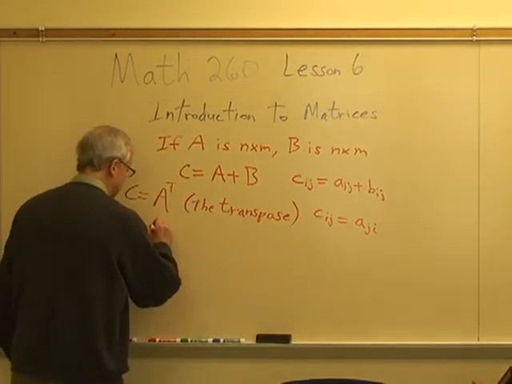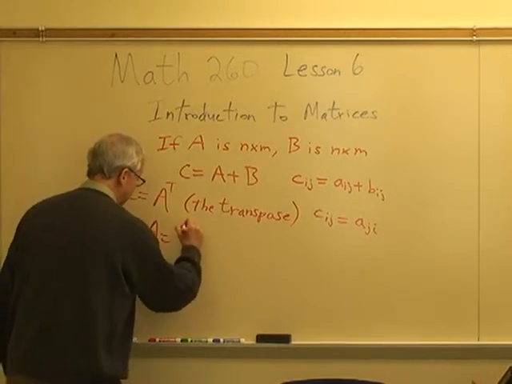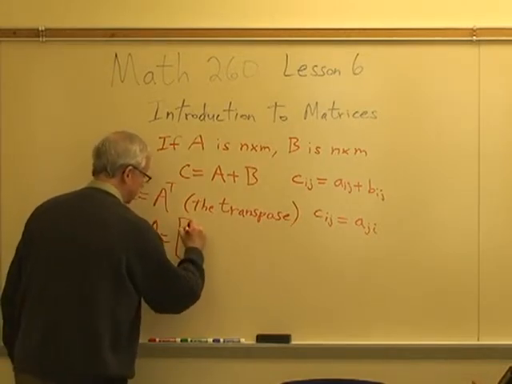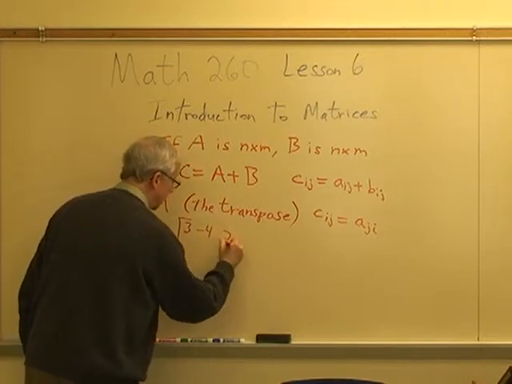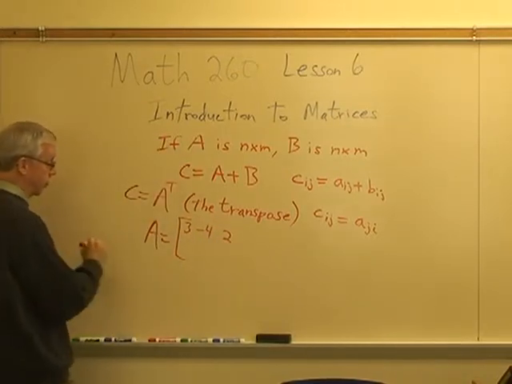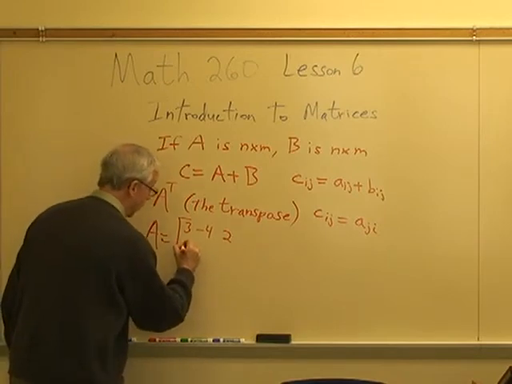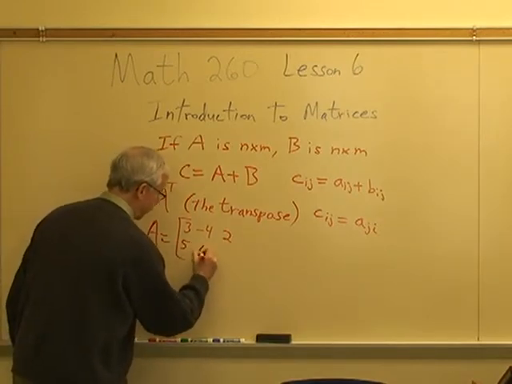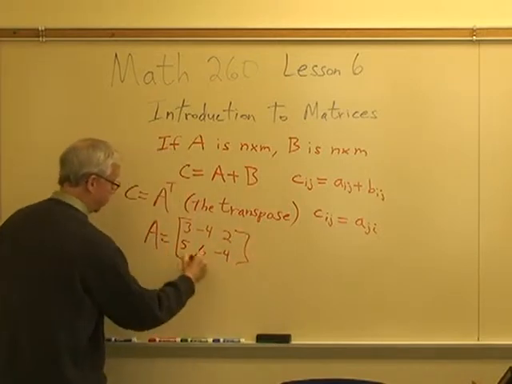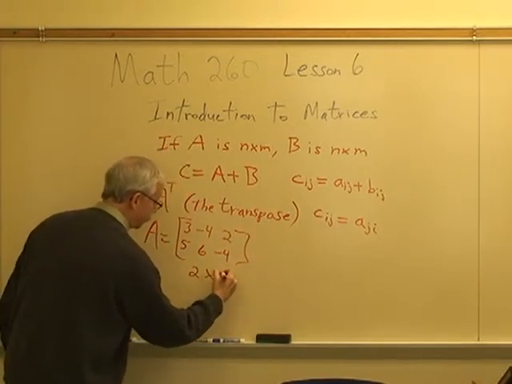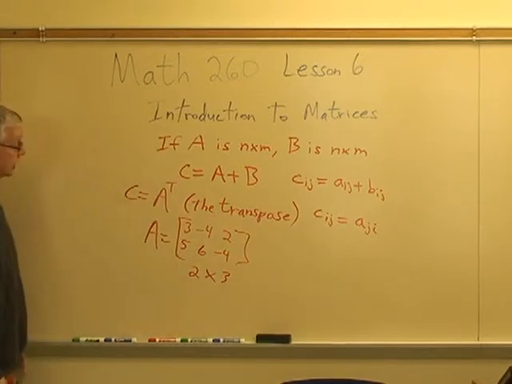So, for example, the first row of A is 3, minus 4, 2. The second row of A is 5, 6, minus 4. This is a 2 by 3 matrix, 2 rows and 3 columns.